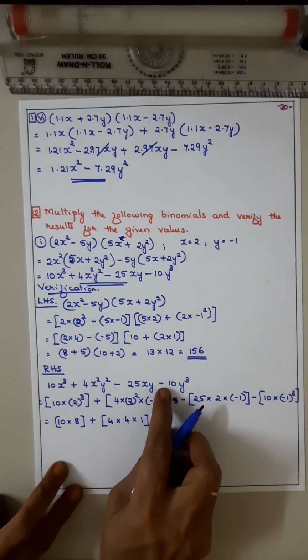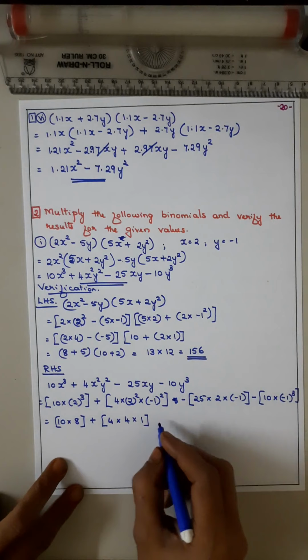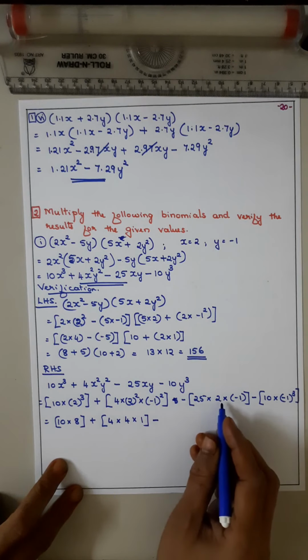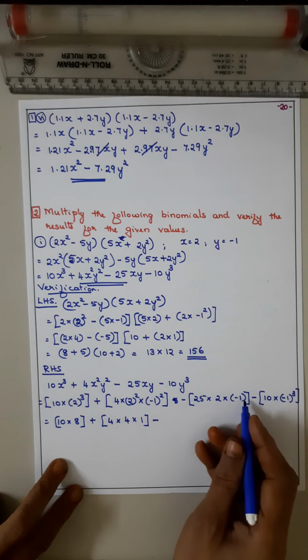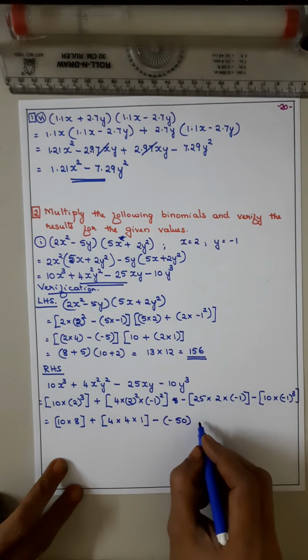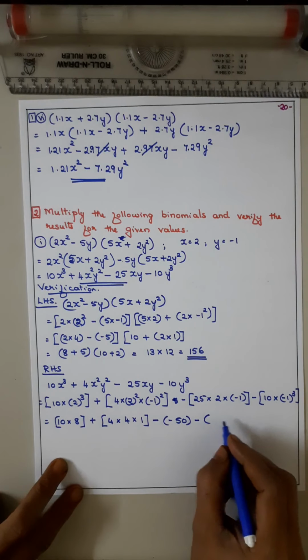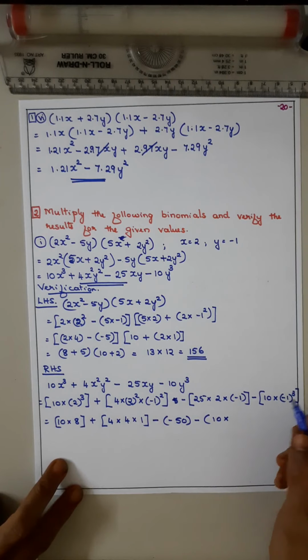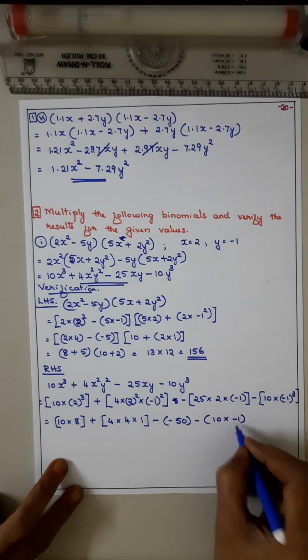Negative with an even number power becomes positive. Now this is minus. Now it is 25 twos are 50 and it is negative. So minus 50 minus 10 into minus 1 with the odd power, then it is negative only.